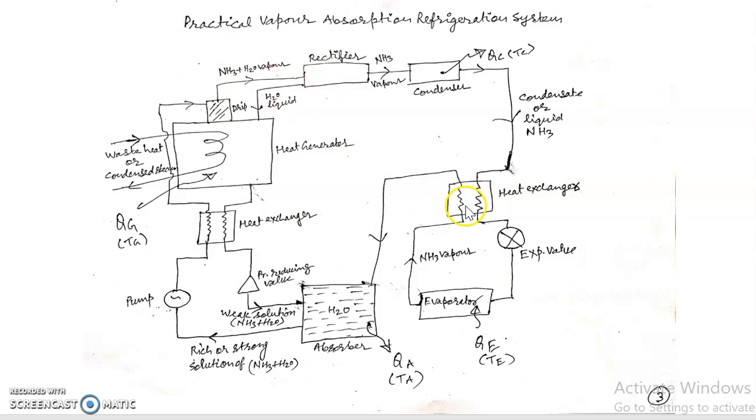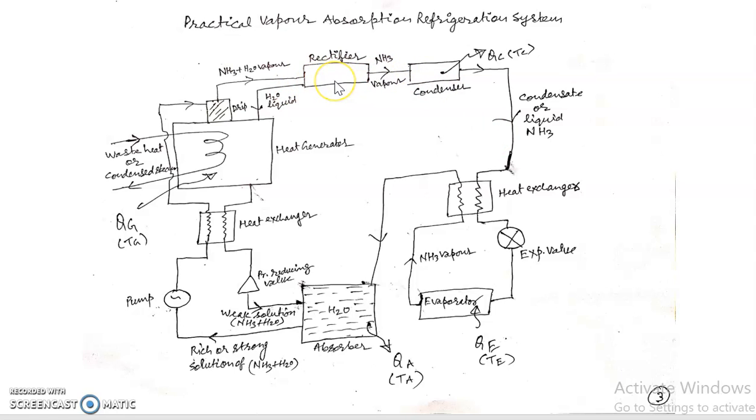One heat exchanger is utilized before the expansion valve, and the second heat exchanger is employed before the heat generator. The role of drip and rectifier is to eliminate any liquid trace of water, because this liquid water, after passing through the condenser, can choke the cycle and the piping. So to eliminate any liquid trace, the rectifier is used.